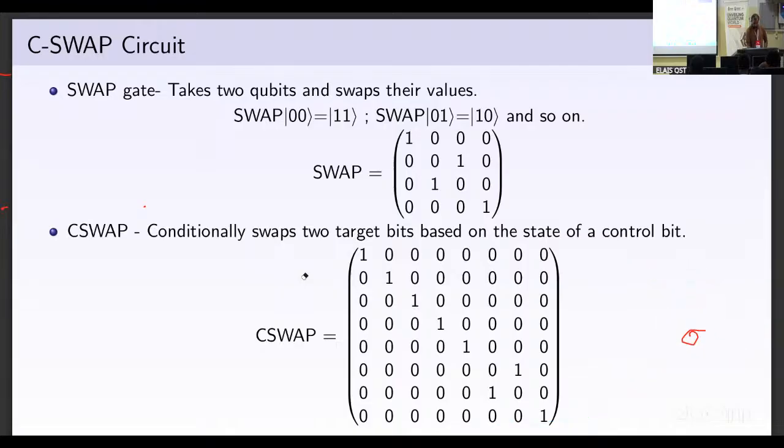So the controlled swap is a 3-qubit gate. Since it's a 3-qubit gate, the dimension of the matrix will be 2 to the power 3 cross 2 to the power 3. So it's an 8 cross 8 matrix.